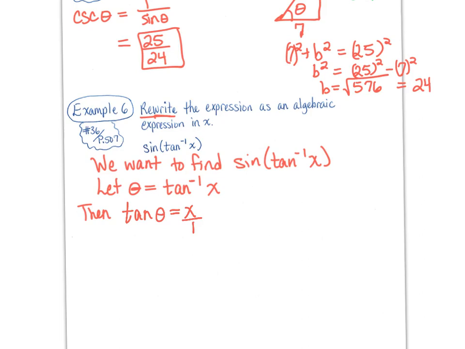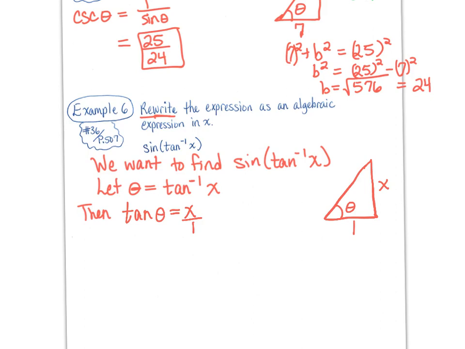So remember, you can go to your right triangle. You have theta. And how do we label it here? X is the height, or your opposite. 1 is your base. Good. And now, to find the hypotenuse, what do you do? Use the Pythagorean theorem. See, it's the same idea.